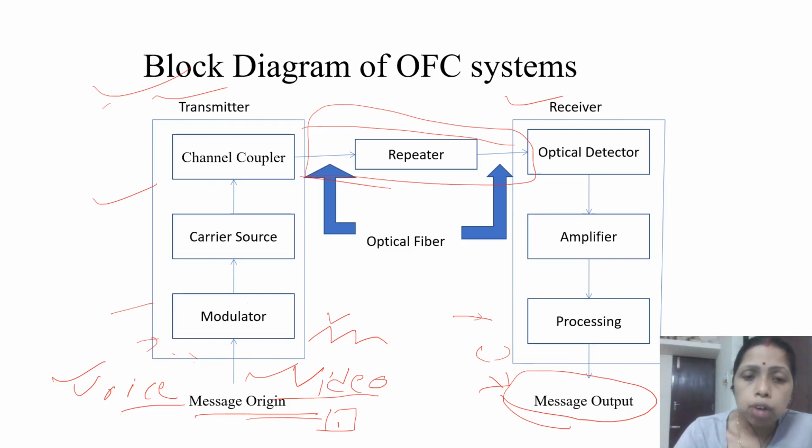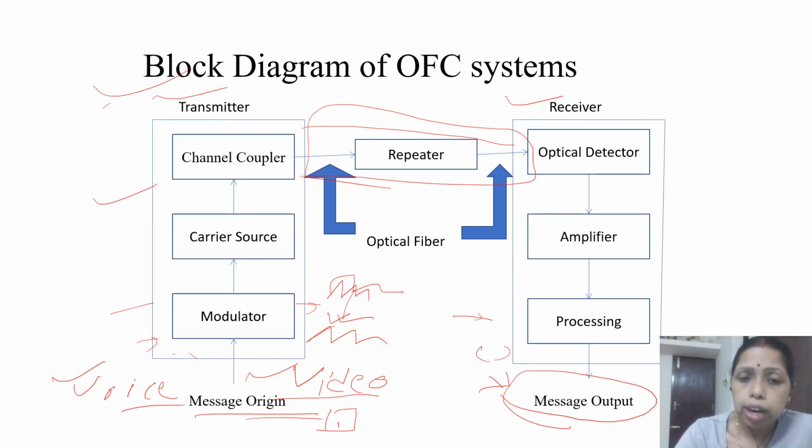Now sometimes the modulator is required. If this signal is a low frequency signal, it is not compatible with channel communication and cannot be transferred easily through the channel. So you need a high frequency signal which carries the low frequency signal.